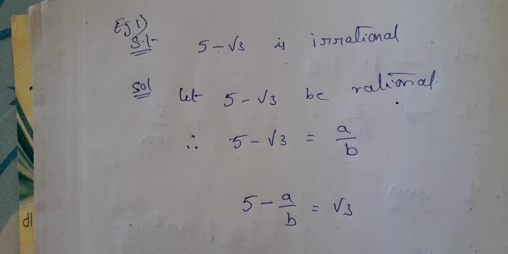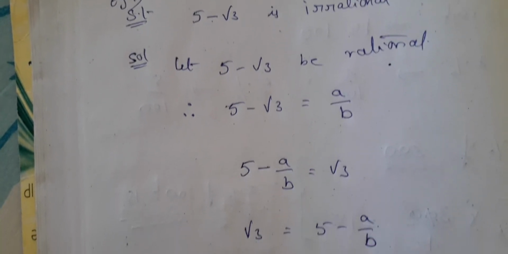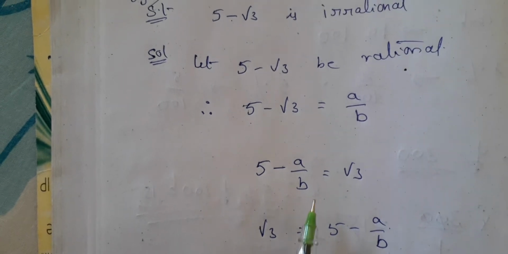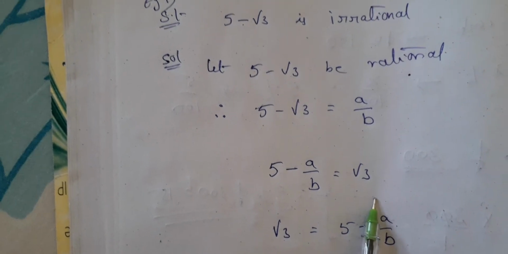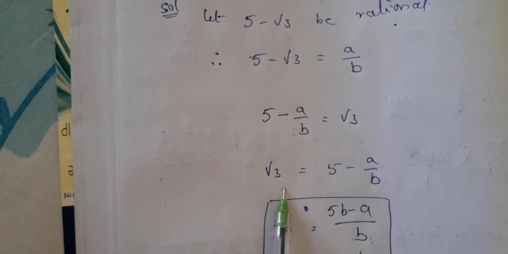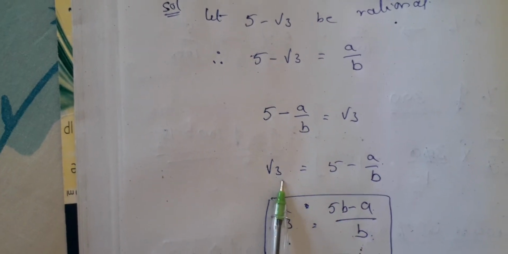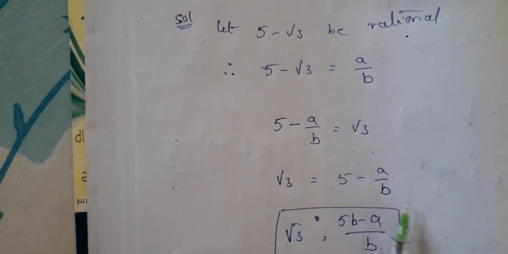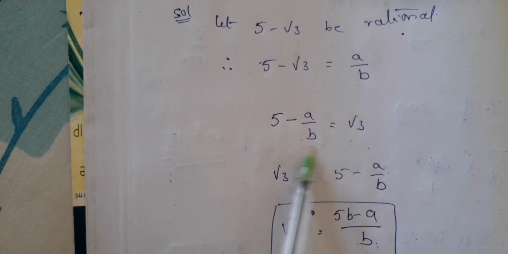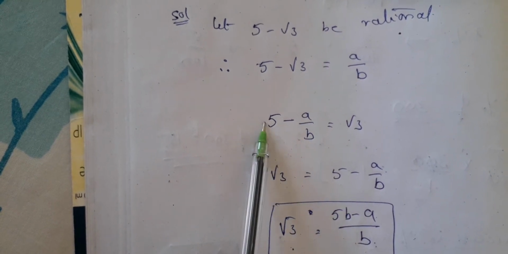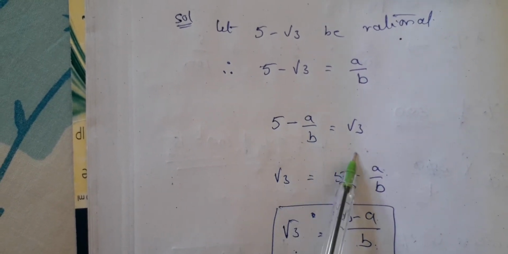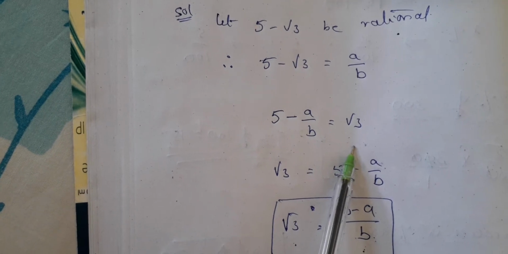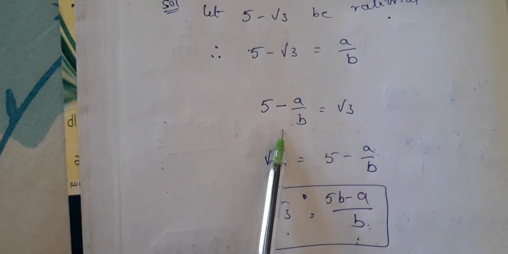By transposing a by b to the LHS, we got 5 minus a by b is equal to root 3. Then, just for convenience, I wrote root 3 on the LHS: root 3 is equal to 5 minus a by b. Not necessary. Directly also you can write 5b minus a by b is equal to root 3.